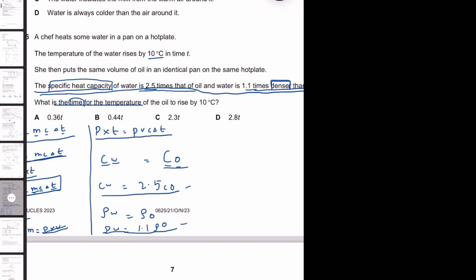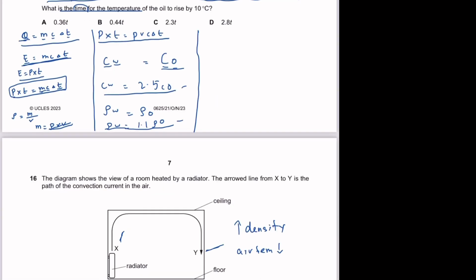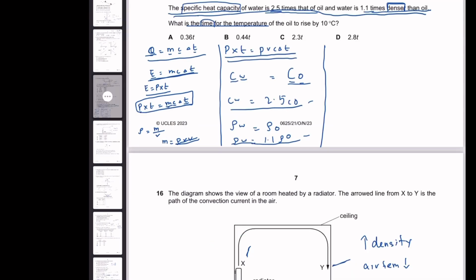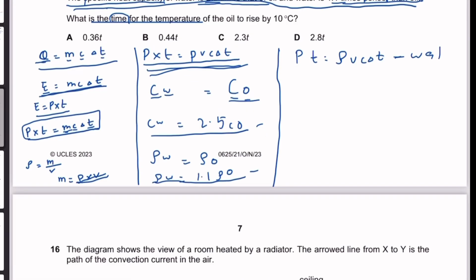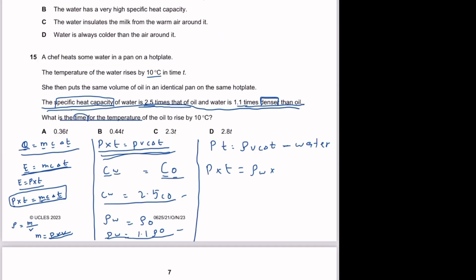I just took these ratios from the question. Now I've got my modified formula and my two ratios, so I can actually solve the question further. I'll copy this again, and this is for water. P into T is equal to density of water into volume of water into specific heat capacity of water into 10.